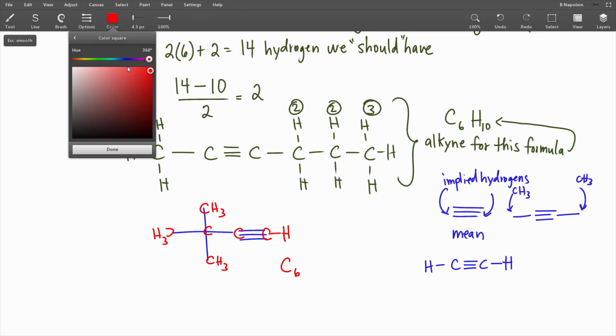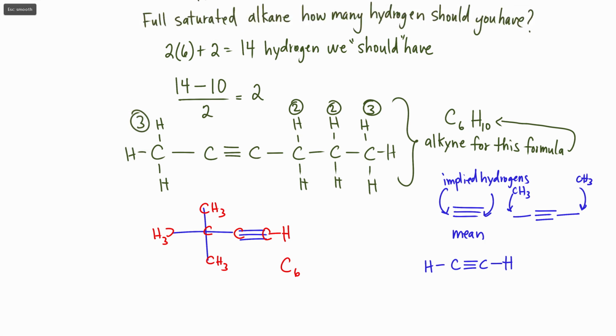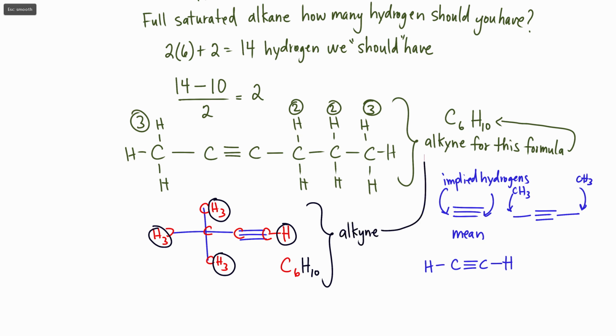Now, I have to work these out the same way you do. Let's count the hydrogens. We have 3, 6, 9, and 10. So we do have H10. So this is another isomer of an alkyne. So this is an alkyne with this same formula. Okay?